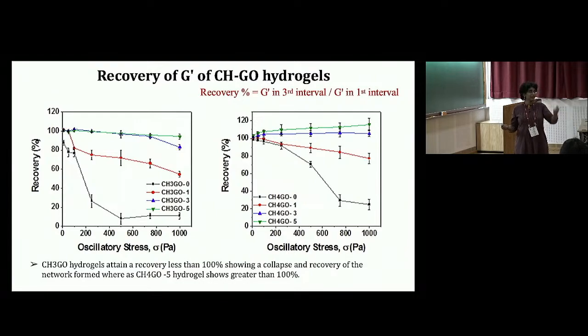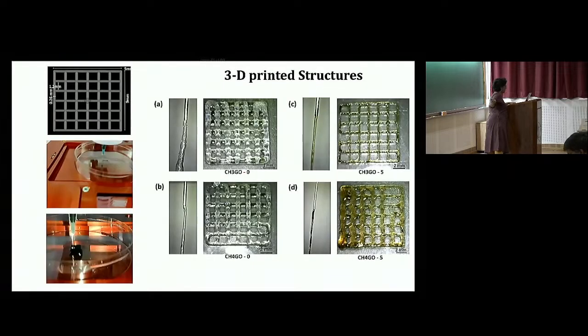So we need deformation to go through the nozzle, but we want a significant fast recovery to build up the structure quickly. So these are the results of the two inks, one with the graphene oxide and the other with no graphene oxide. And these are just the structures of our printed samples.